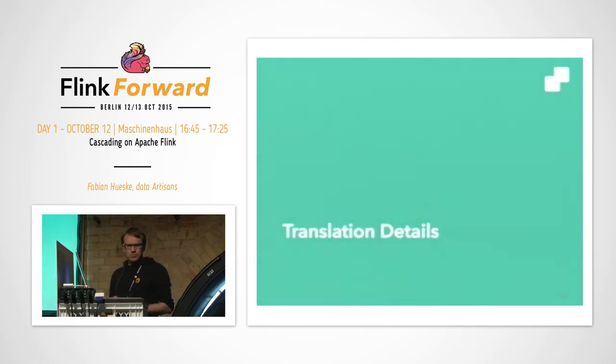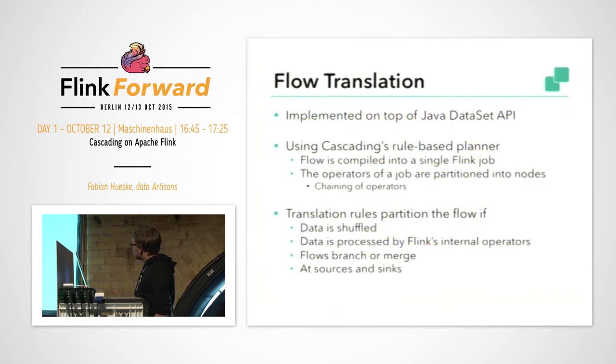So now I'm talking a little bit about the internals of the translation process, of how Cascading jobs are translated into Flink programs. The whole translation process is implemented on top of Flink's Java DataSet API. So we're using here Flink's batch API.